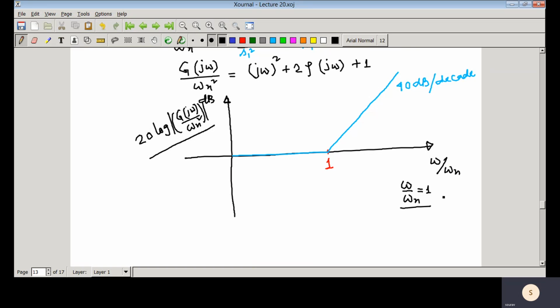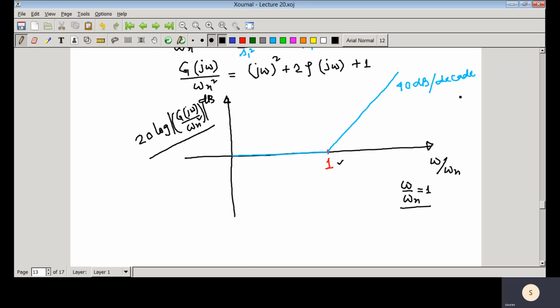That means if we represent it in only log ω scale, then the corner frequency would be ωn here. But if we represent it in scaling form, that is ω/ωn, then this one would be 1.